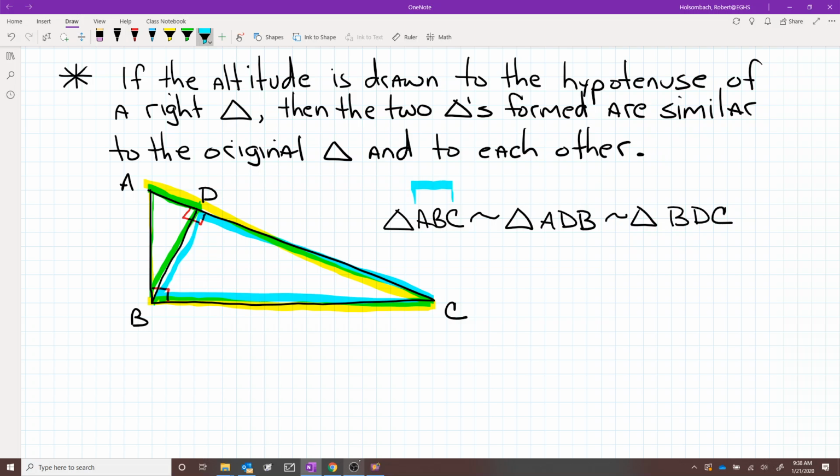In the green triangle, the hypotenuse was this AB, first and last. And in the blue triangle, the hypotenuse was this side BC, first and last. So that's a quick check to make sure that your description is in the correct order.